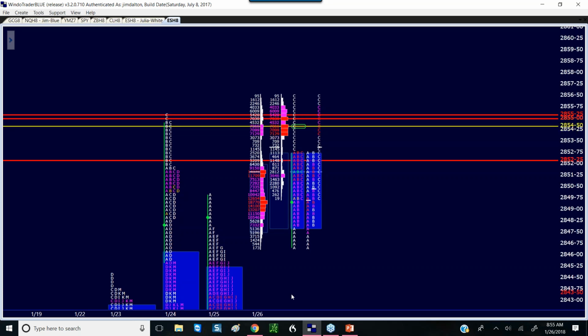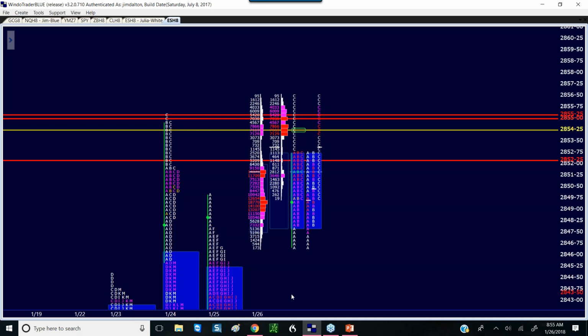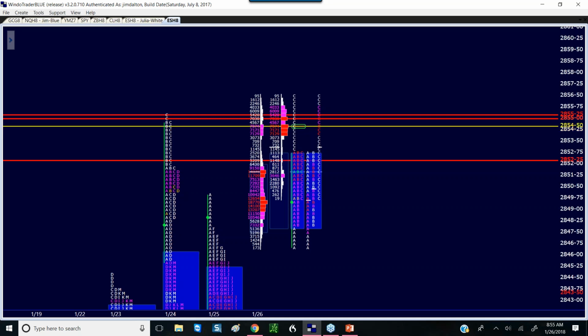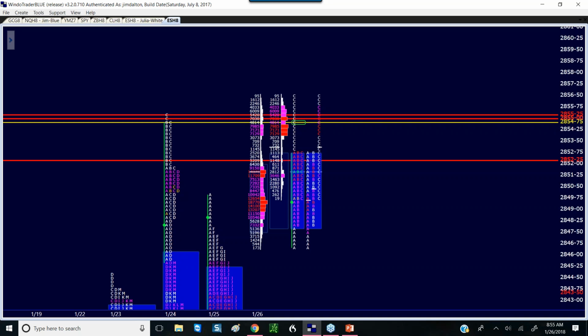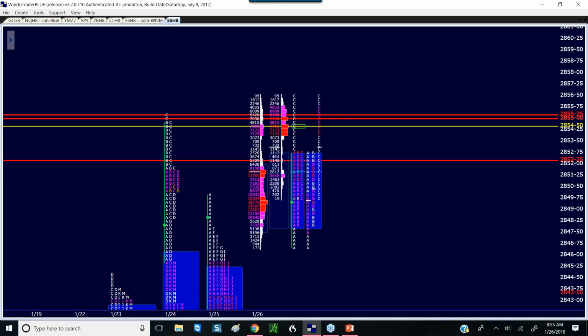Okay, go on. How much do you pay attention to the previous day's value area high and value area low? Very little. My biggest attention is value building higher or lower. And I'm always looking at the previous day's point of control. What is going on relative to the previous day's point of control?